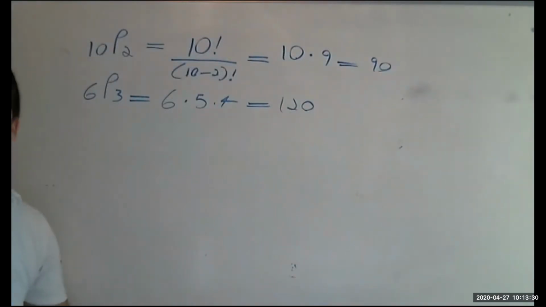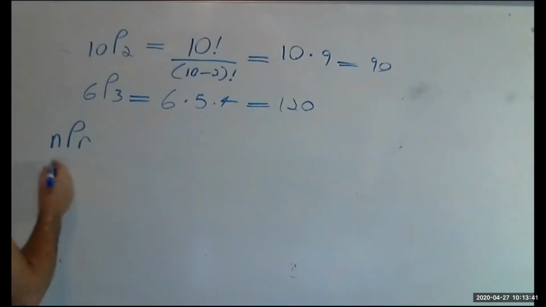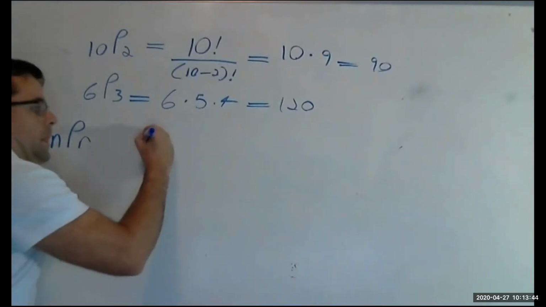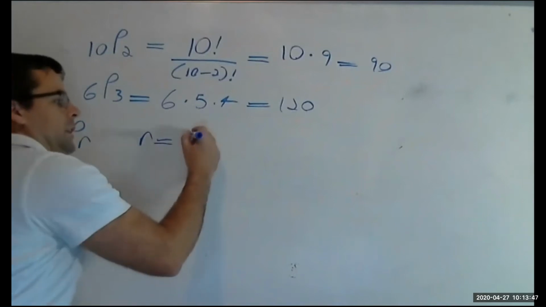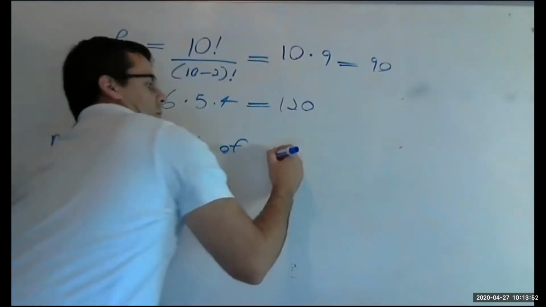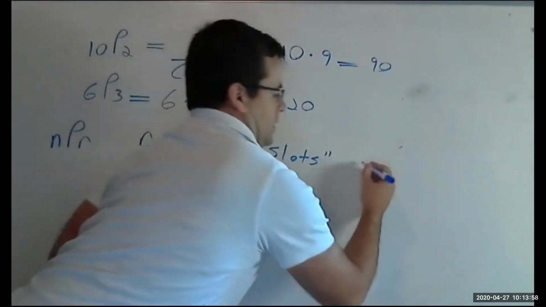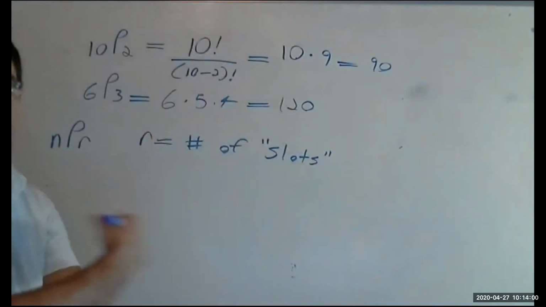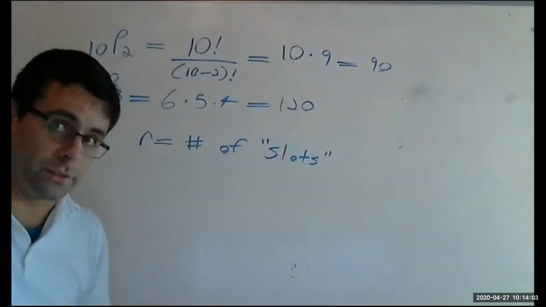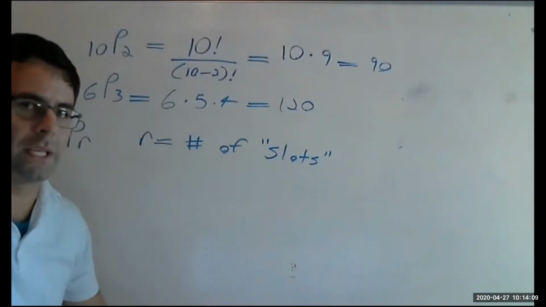The other way you could say this, and this might be useful, is that in PR, R is the number of, we'll call them, slots in the thing that you're looking for. If you're talking about passwords, it's the number of letters or something that password has to have.